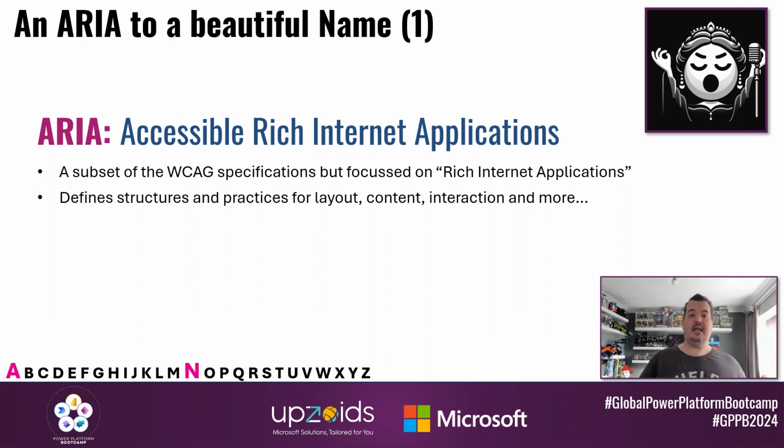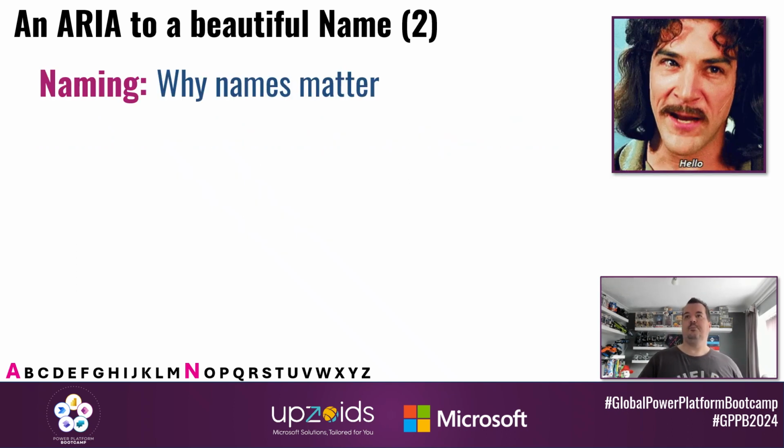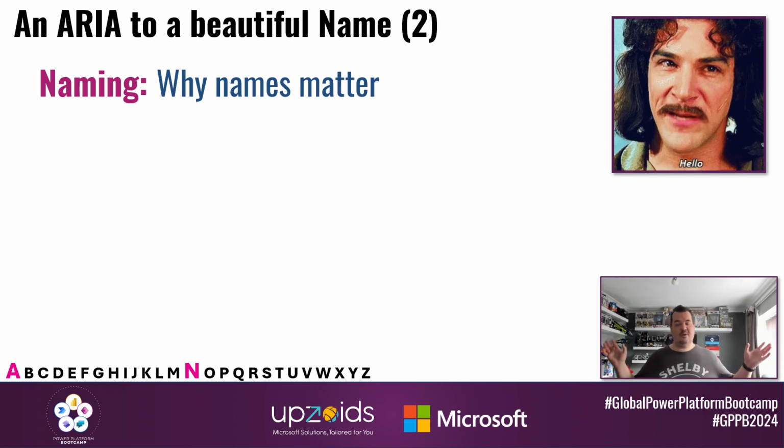Again, very easy to read, very well written, and it helps define standards for all of these things along with the wider WCAG. So it really does help shape and guide and give you a starting framework. And frameworks, we all need them.